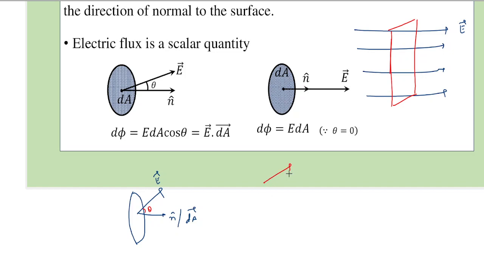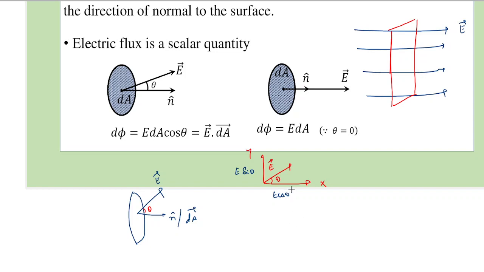So we have a component like this. This is what E is, and we can take two directions here. This would be theta. If you call these the x and y axes, the component of E along x would be E cos theta, and the component of E along y would be E sin theta.